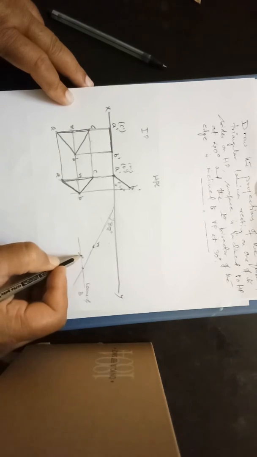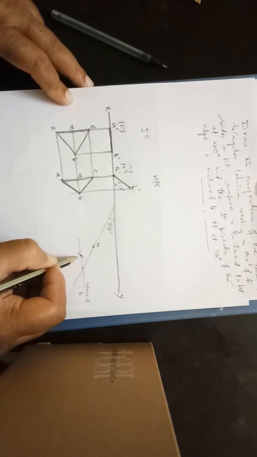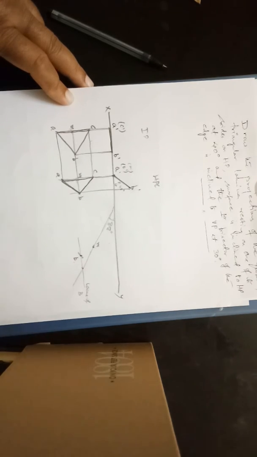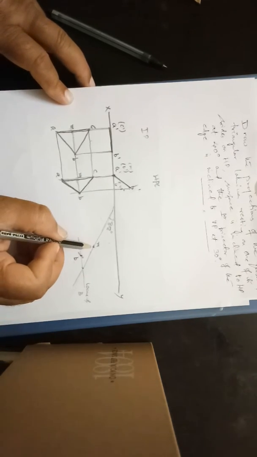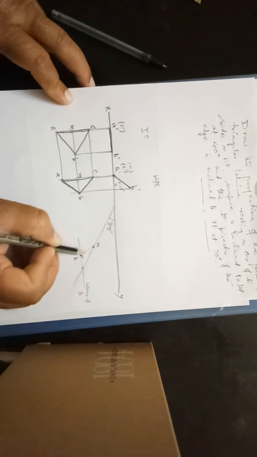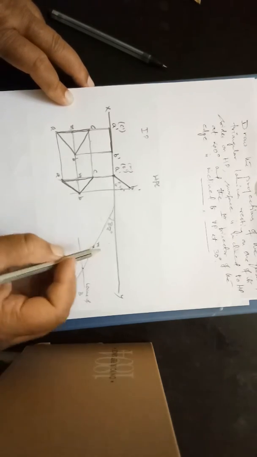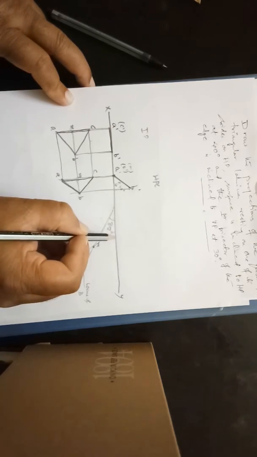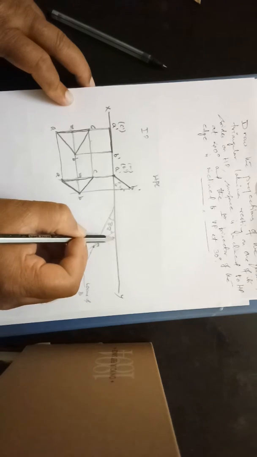The point at which it cuts will be the new view. If you join this, you can see the length is reduced, and if you measure this angle, this will be your beta angle. You have to measure it.